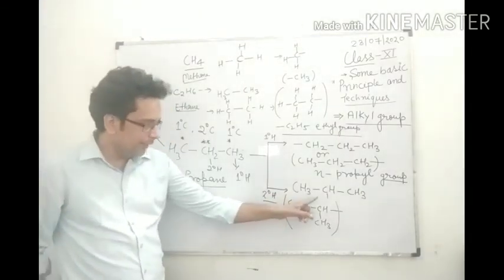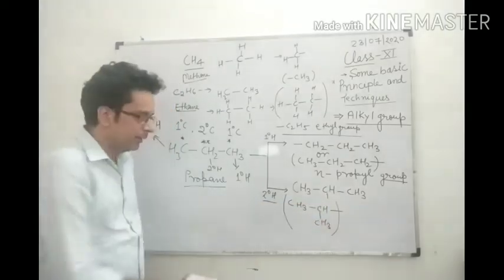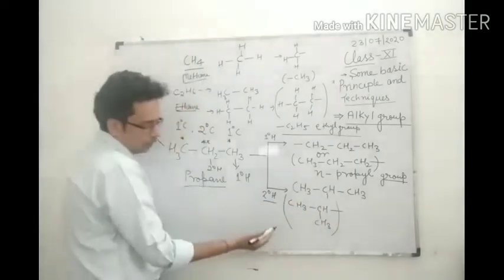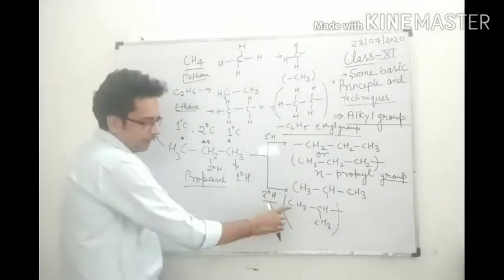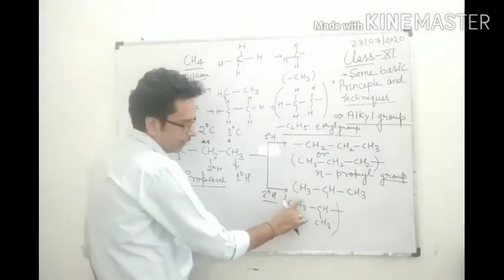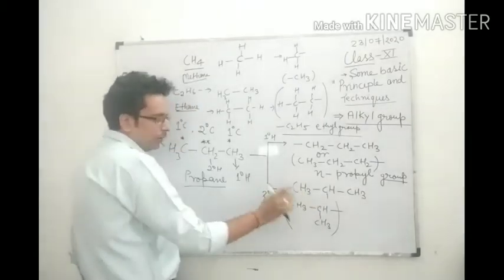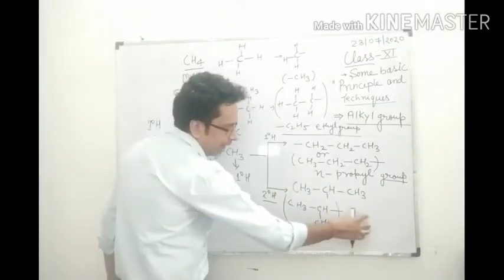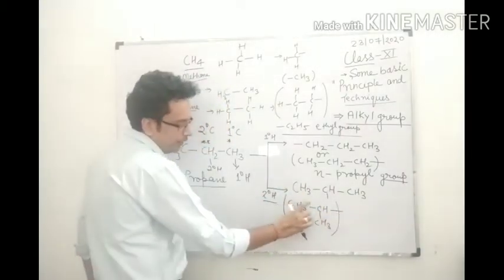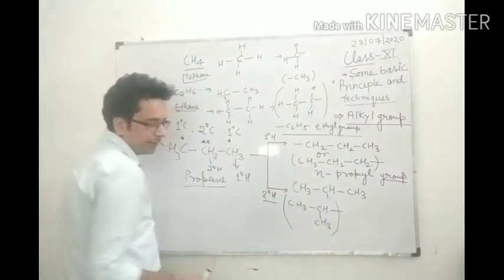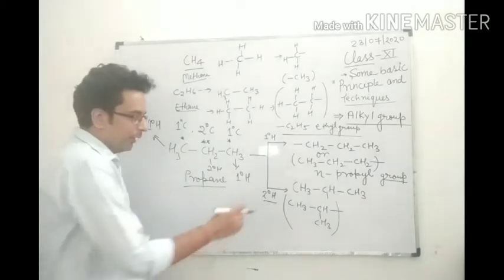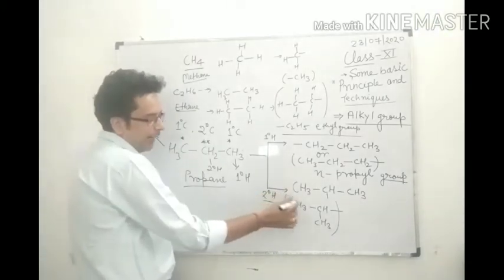Now if we give the numbers 1, 2, no matter which group is attached here, the second carbon contains CH3, then we use iso. So what is the name of this one? Isopropyl.